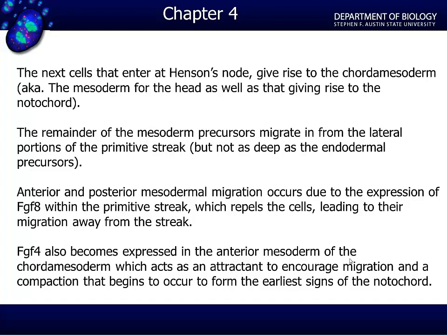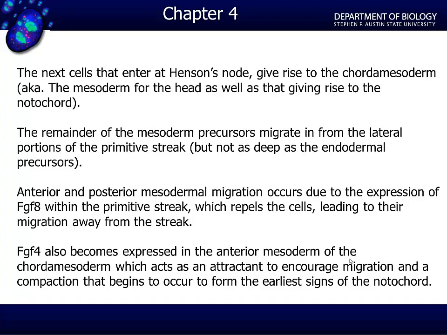Now, FGF4 is also going to be expressed in the anterior mesodermal cells, and the FGF4 expression is going to signify that those mesenchymal cells are going to become chorda mesoderm. And so the FGF4 is in some way recruiting other mesodermal cells into the area to condense and give rise to the notochord.